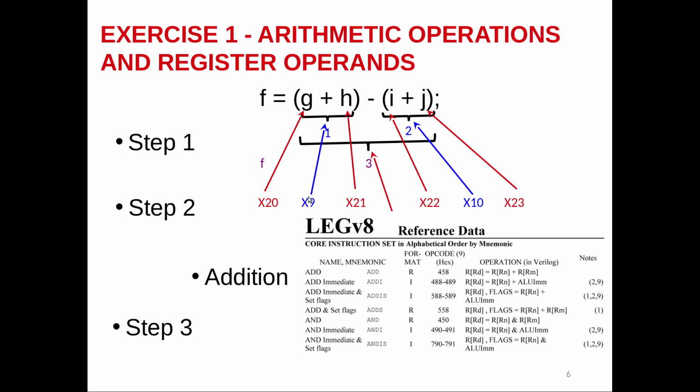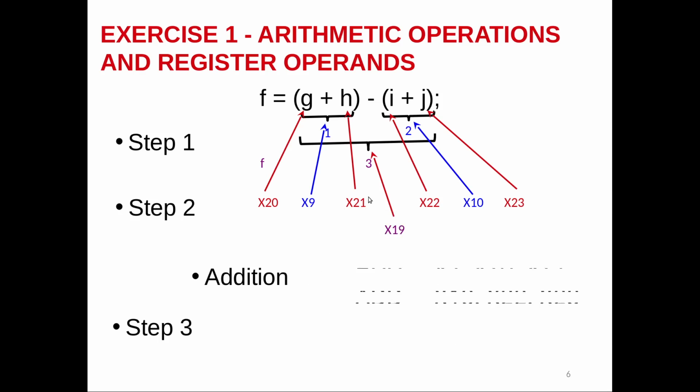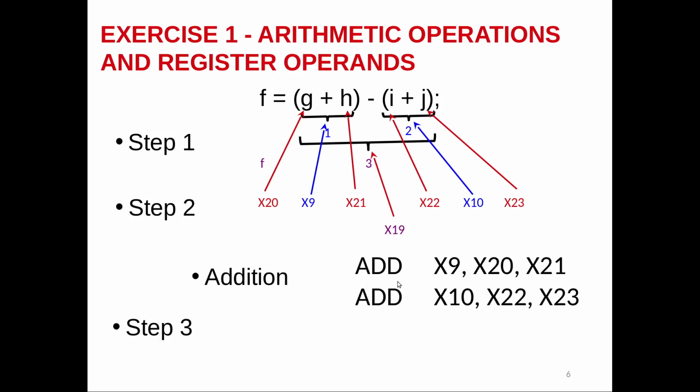We have RD, the destination is X9, RN, the first operand is X20, and RM, the second operand is X21. So our instruction looks like this: add X9, X20 and then X21, in which X9, the intermediate value here, will equal X20, or the value of G, plus X21, or the value of H.